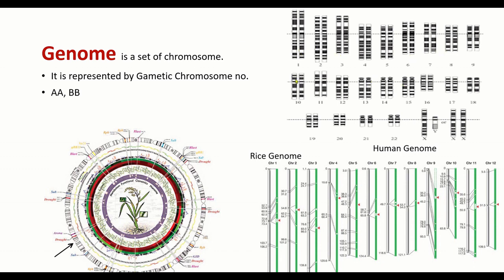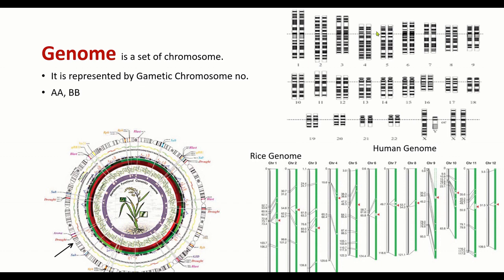Here we have 22 sets of chromosomes, plus one which may be either X or Y. If it is female, it will be X and X, while in case of male, one of the gametes will be of Y type and another of X type. These are called allosomes, and the rest of the body chromosomes, the somatic chromosomes, are called autosomes.